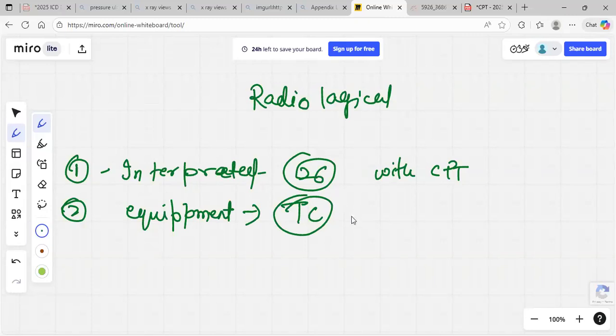TC means technical component. So whenever our doctor is just providing equipment, we have to represent that our doctor did not do any interpretation and did not perform the complete procedure, just provided the equipment. In that case, we have to use the modifier TC. TC is clear to everyone?